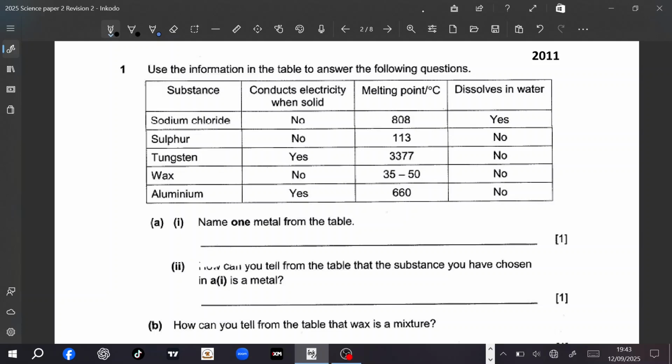So from these listed here, one metal is either aluminium, aluminium is a metal, or we can talk of tungsten.